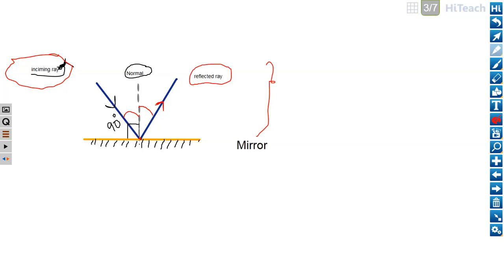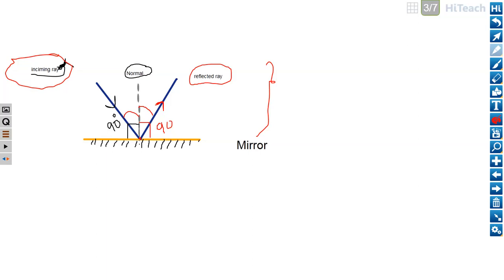What about the angle of incidence and the angle of reflection? As we said, the normal and the surface make, on both sides, how much? 90 degrees with the surface. How much is the angle of reflection, and how much is the angle of incidence?